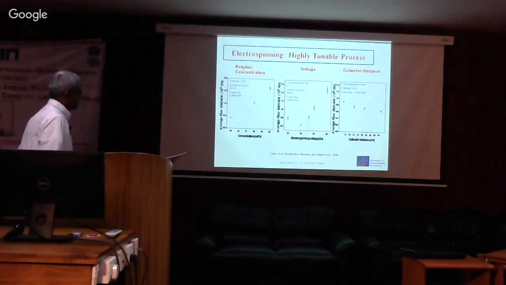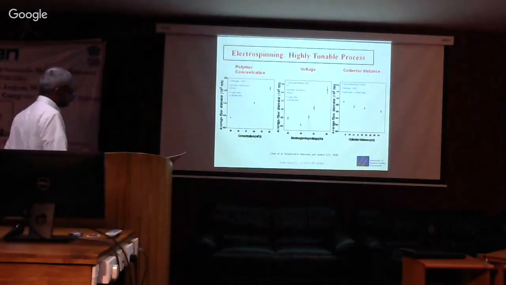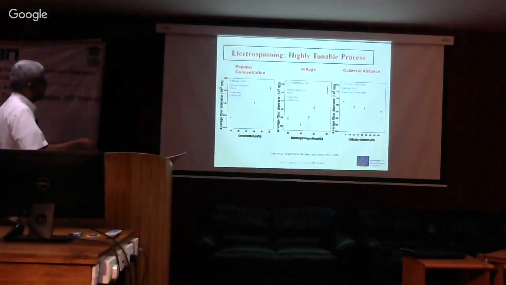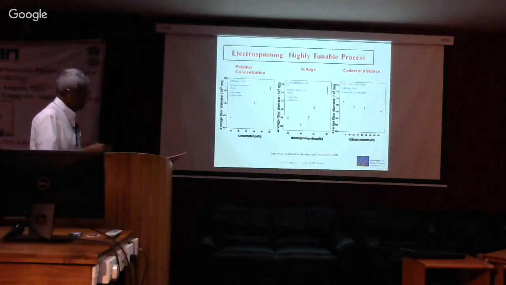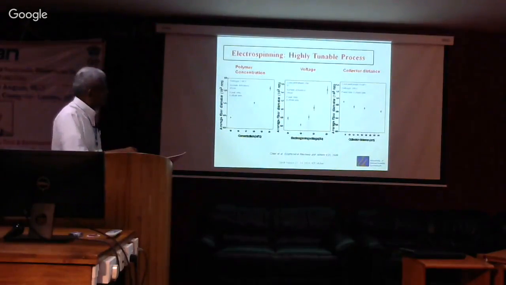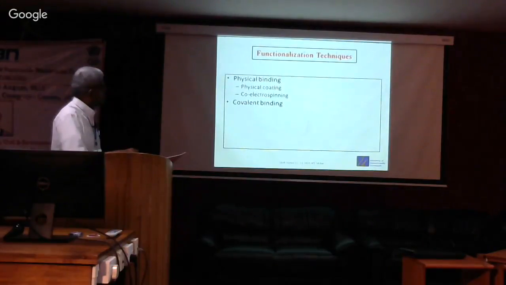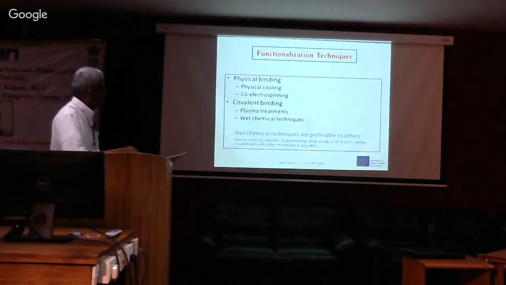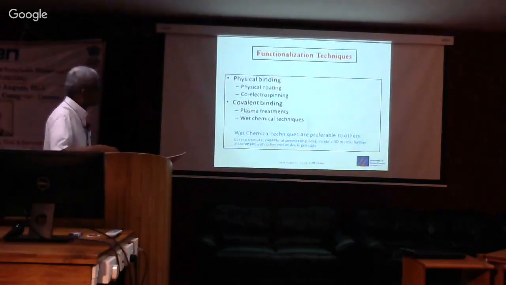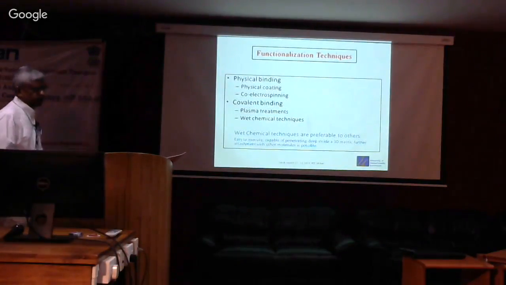So, as I said, you have to look at the polymer concentration. You have to look at the voltage. You have to look at the collector distance. And after you get the polymer, then you have to now functionalize it.